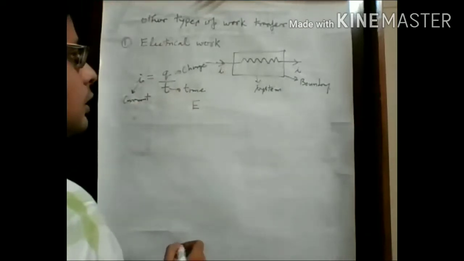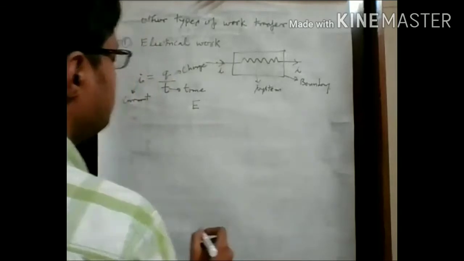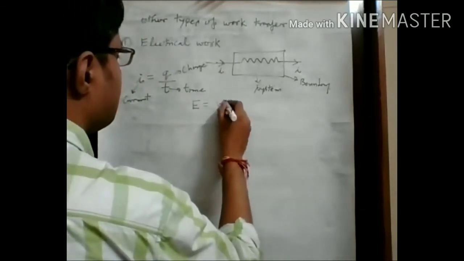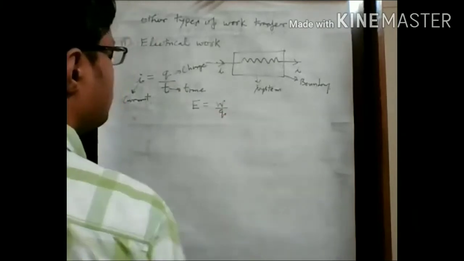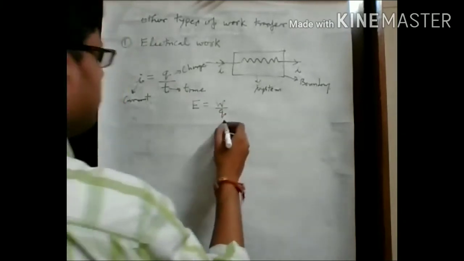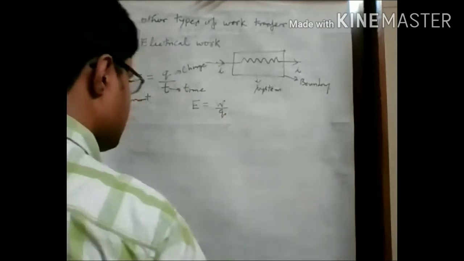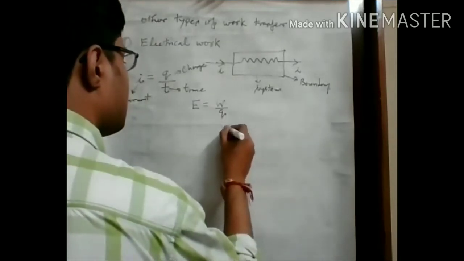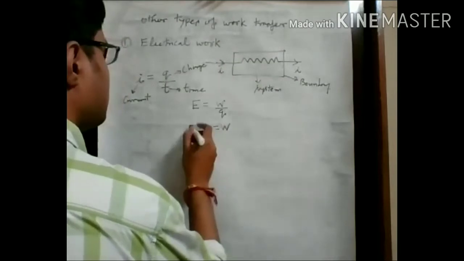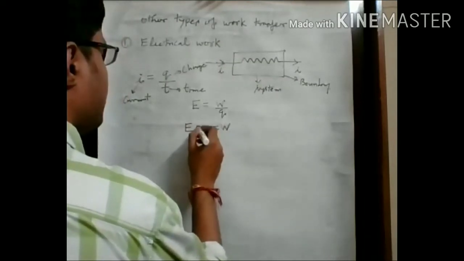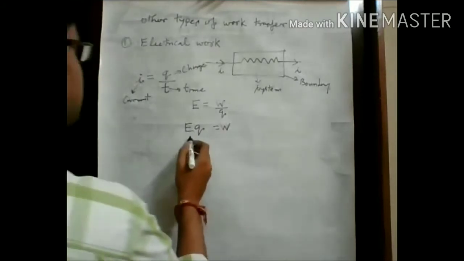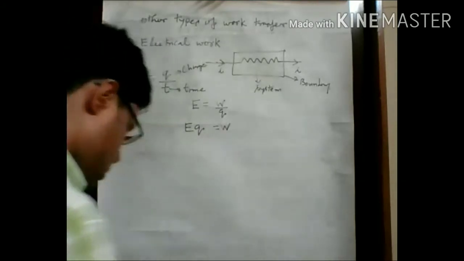We know that E equals W upon Q. So we rewrite this expression as W equals E multiplied by Q. And what is this E? E is the potential.